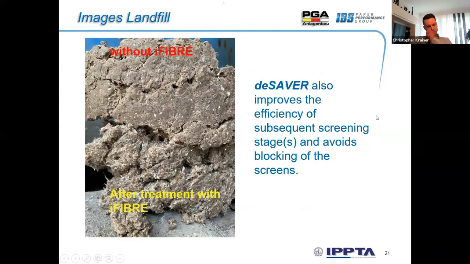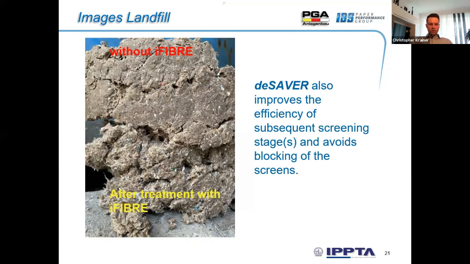Here is a picture from an installation in early May this year. Samples were taken after the screw press at the end of the process. Aim: reduction of landfill and save raw material. This customer uses 100% OCC and produces packaging paper.